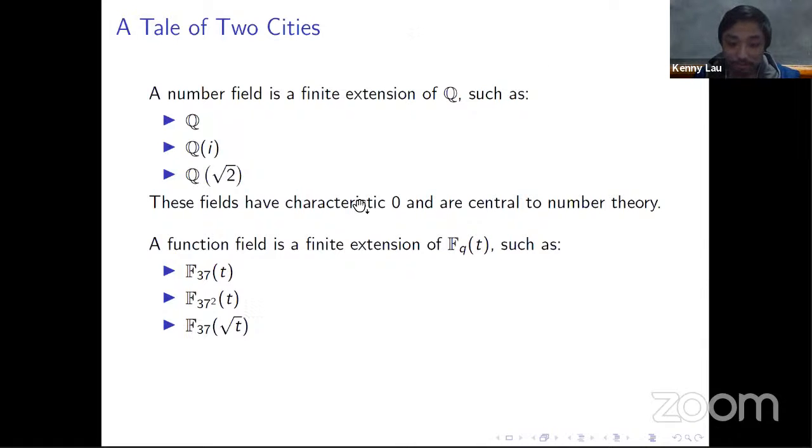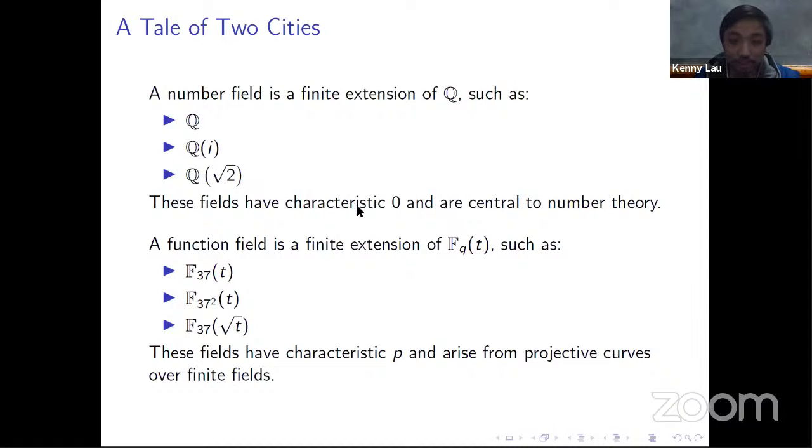And these fields have characteristic p, and they arise from projective curves over finite fields. That's why they are called function fields, because they are the function fields of a curve, like the stalk over the generic point in the algebraic geometric language.